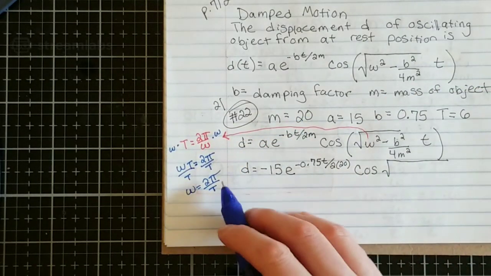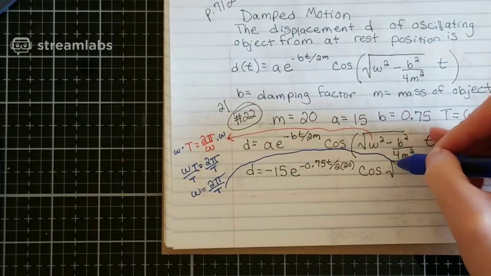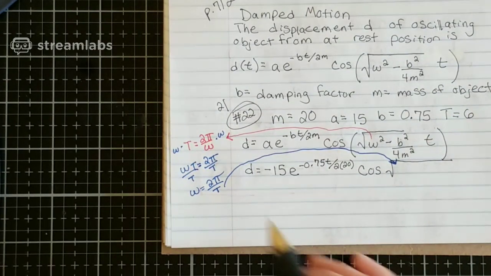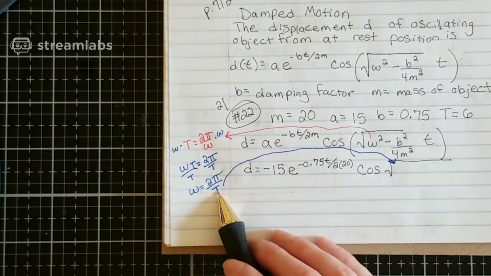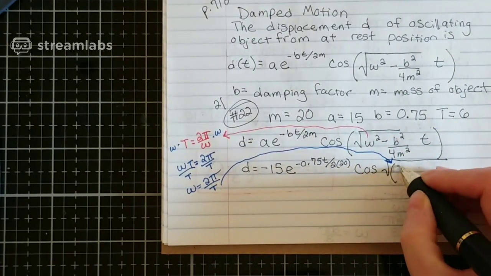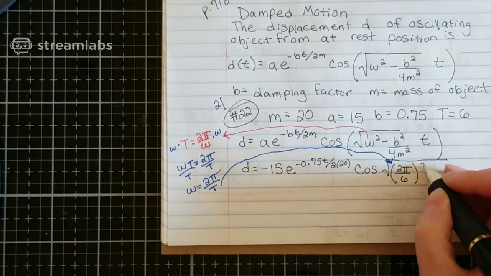Okay, we're going to take that information and use that for this W right here. So this is going to be 2 pi divided by 6 because capital T is 6. All right, 2 pi divided by 6, and we're going to square that.